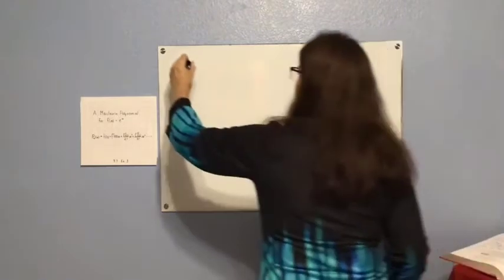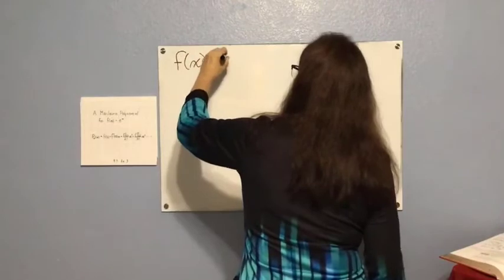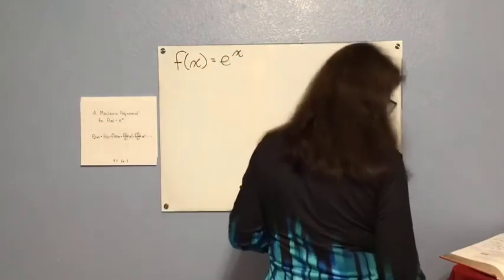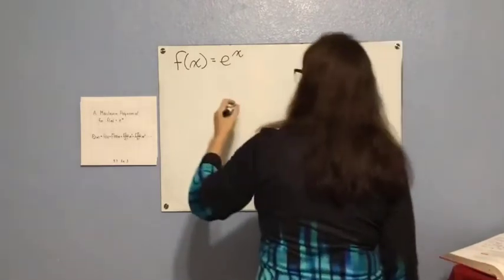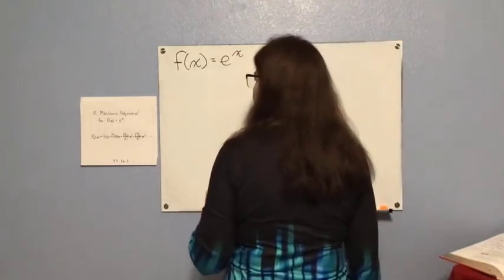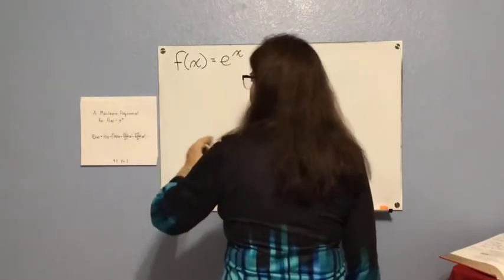So going back to our example, f of x equals e to the x. We want to write the nth Maclaurin polynomial for this function.